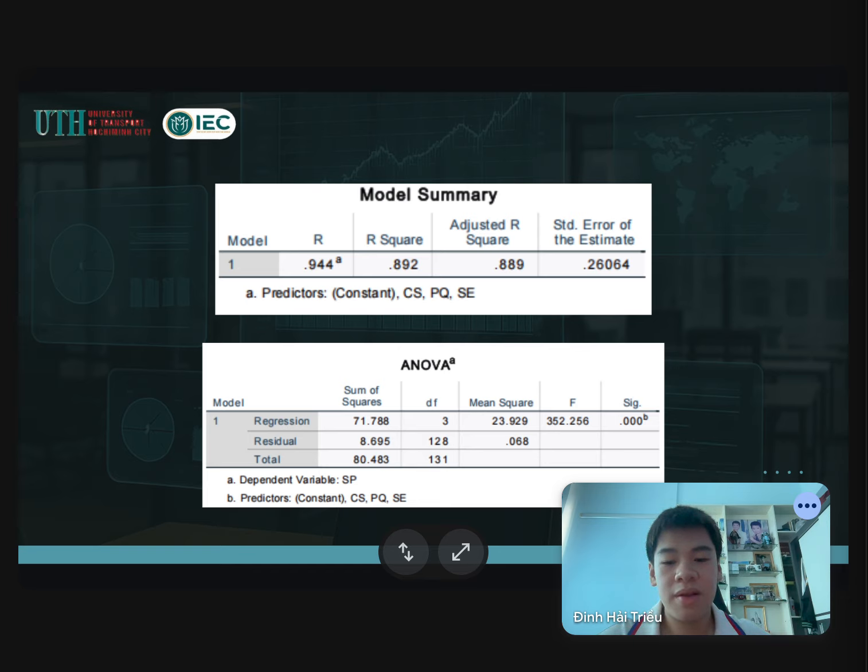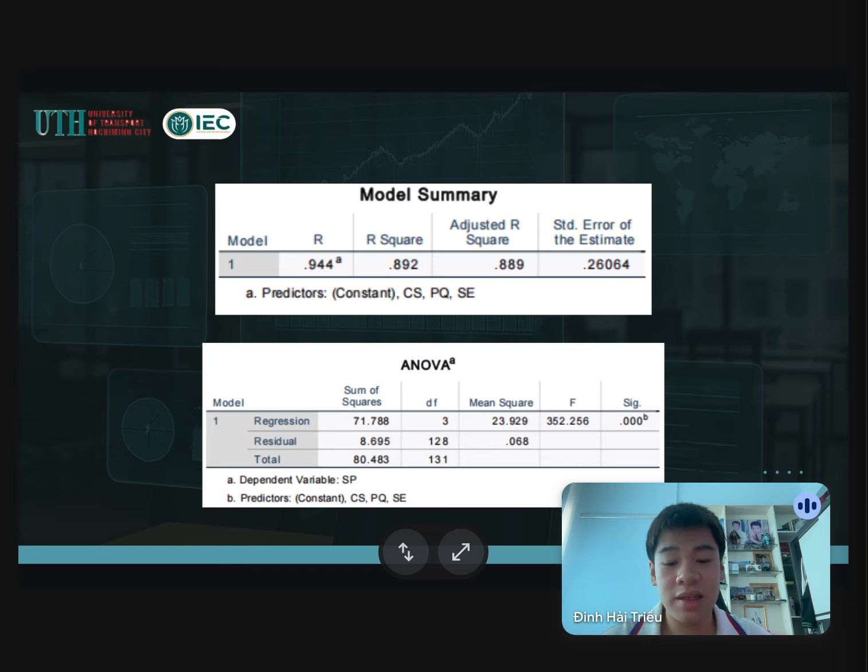Third, the exploratory factor analysis confirms that our measurement scales are valid. The KMO value is very high, the Bartlett test is significant, and the extracted factors explained nearly 76% of total variance, demonstrating a strong factor structure.